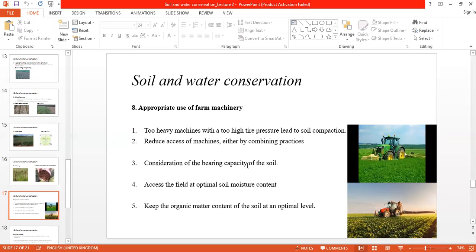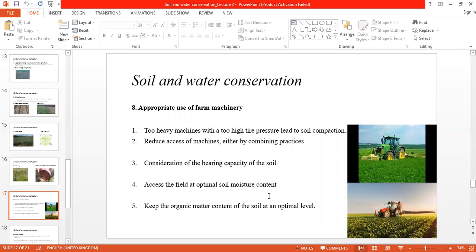So they measure the bearing capacity of the soil, so that they know that for us to compact it, we need to apply a certain pressure. They want to apply a pressure that is more than the bearing capacity, so that they are able to compact the soil and make the foundation very, very strong.